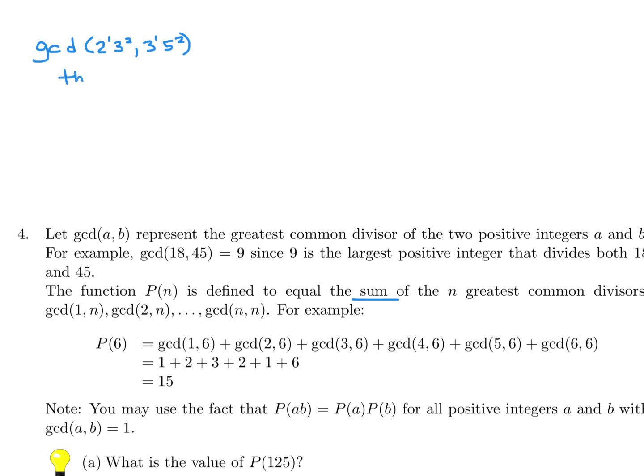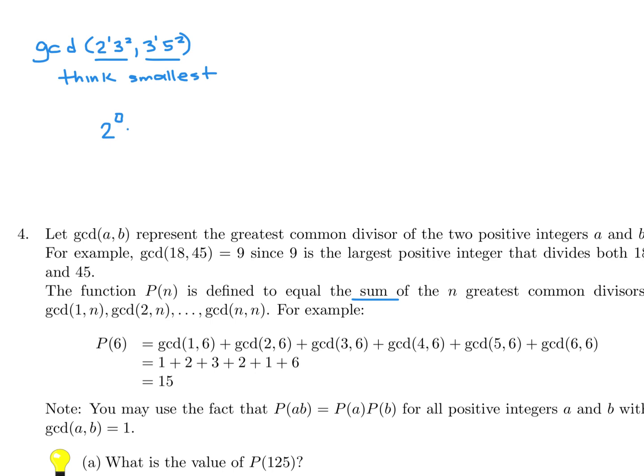When you do greatest common divisor, you actually think smallest. And I'll explain what I mean. Greatest common divisor, you think smallest. I know it sounds a bit paradoxical, but that's how it is. What that means is you look at the smallest power of each prime number. So for 2, what is the smallest power? Well, in here, the power is 1, but here, there is no 2. So the smallest power of 2 is actually 0.